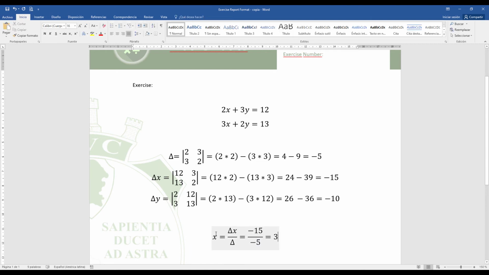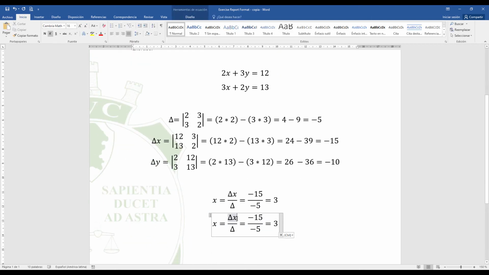And the y, this is delta y, minus 10 divided by minus 5, equals 2. This is the way that you follow to calculate the values of the variables. Sorry, you need to change here to y.